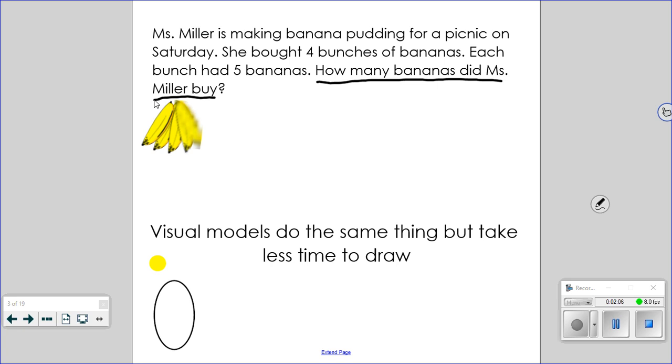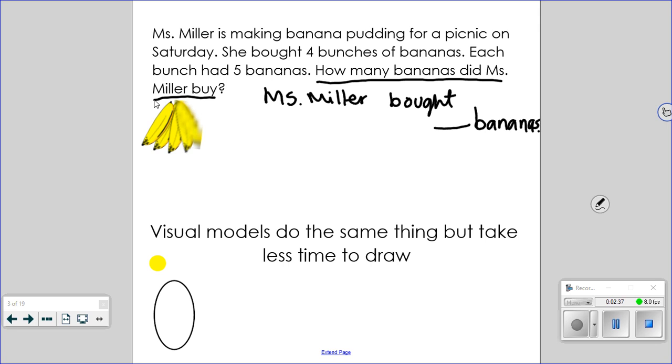So I'm going to go ahead and make an answer sentence. Miss Miller bought blank bananas. Why did I put that blank in my sentence?